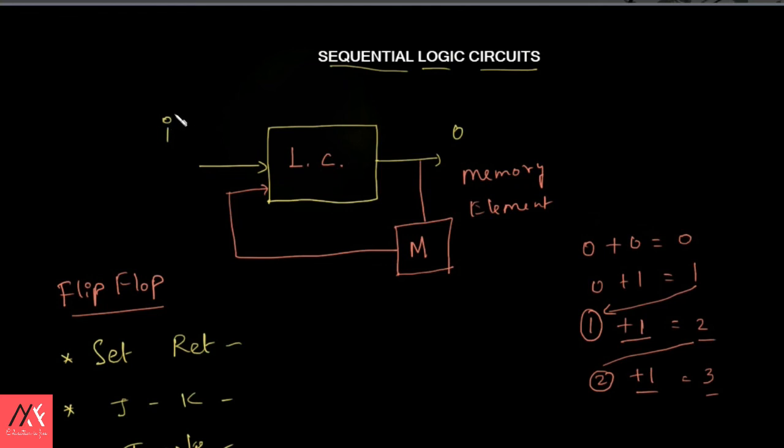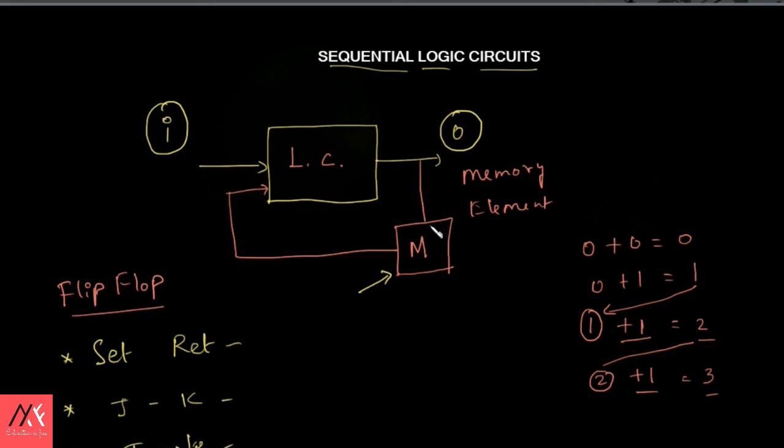For a sequential logic circuit, the present state of the output depends on what is there in the input and what is there in the memory, unlike combination logic circuits. Combination logic circuits don't have memory, so you don't have to bother about the memory element.